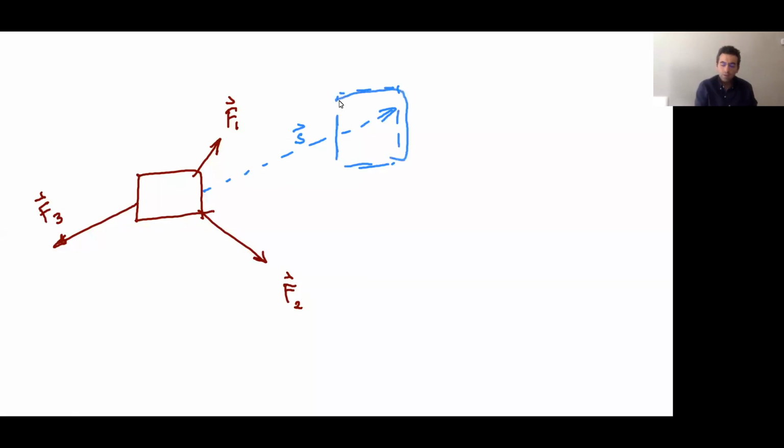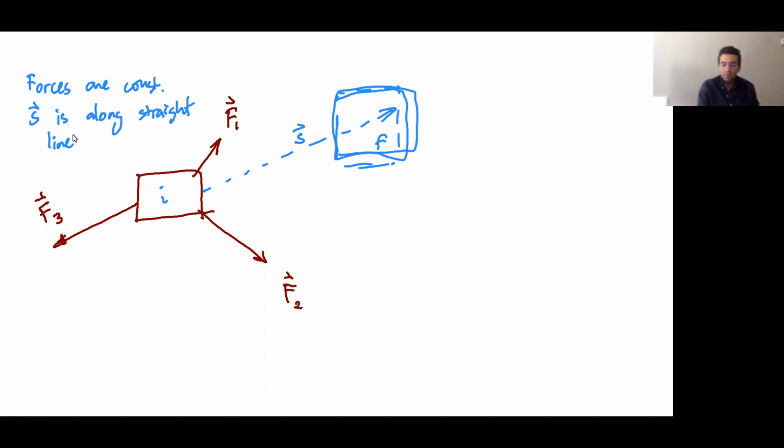So the object starts over there, is the initial situation, and this is some sort of final situation. So it gets displaced, this displacement. And of course, here we're assuming that the forces are constant and that the displacement is along a straight line.